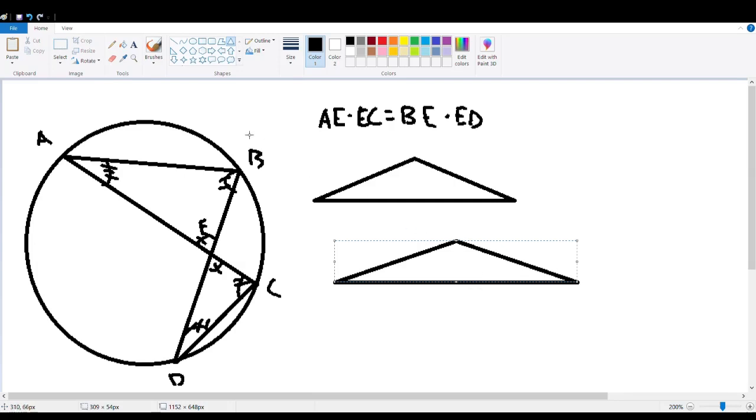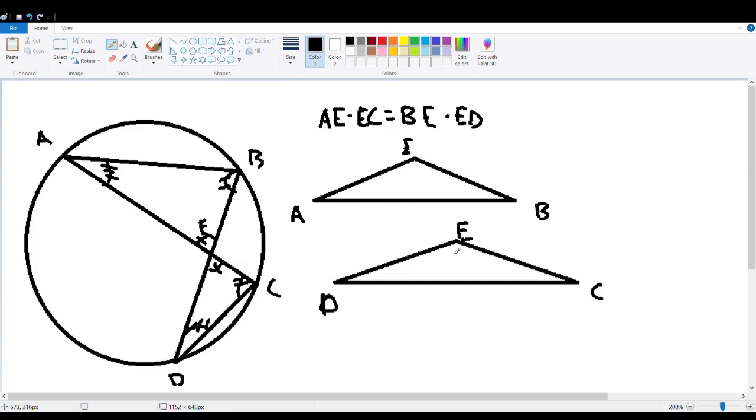This is obviously not what the triangles look like, but let's just say this is A, this is B, this is E, and this is D, this is C, and this is E. So it will be A, E, B, and D, E, C.